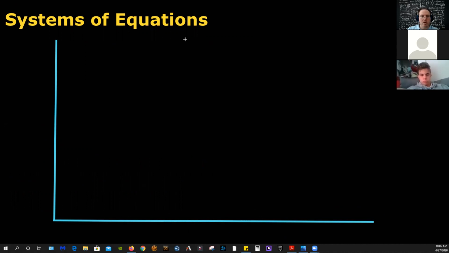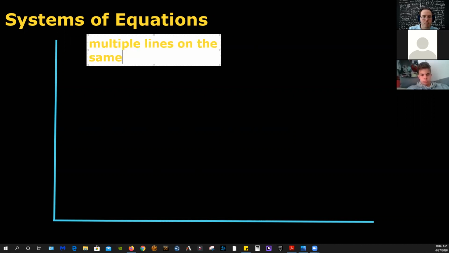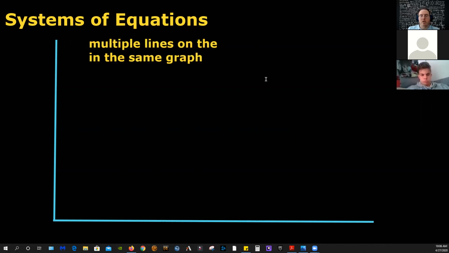That's really all it is. So just to clarify, I'm going to put that on the screen. But it doesn't need to be that large. Okay, so that's what a system of equations is. It's multiple lines in the same graph.